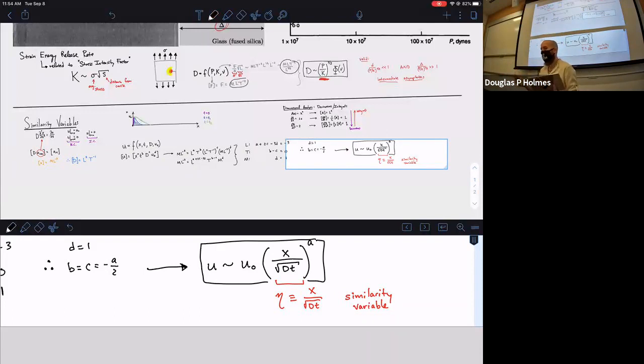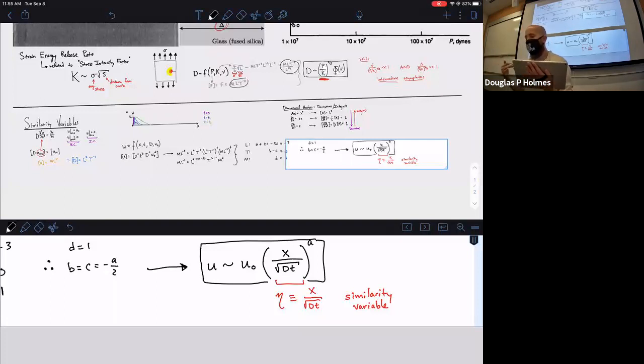And this implies that our concentration has a very specific dependence on the independent parameters in the problem, independent variables in the problem. This means, as we're going to see, that we're going to have self-similar behavior in this problem, in which kind of all of our results will be able to collapse on some self-similar curve.